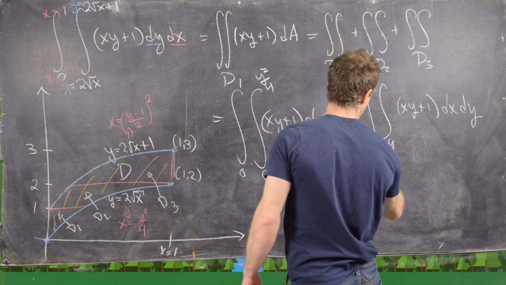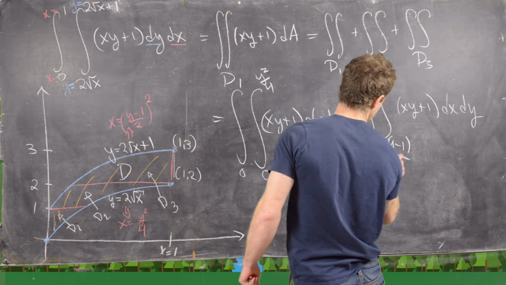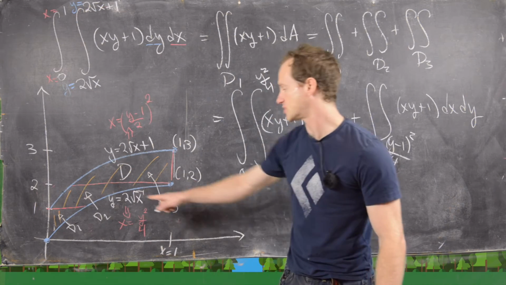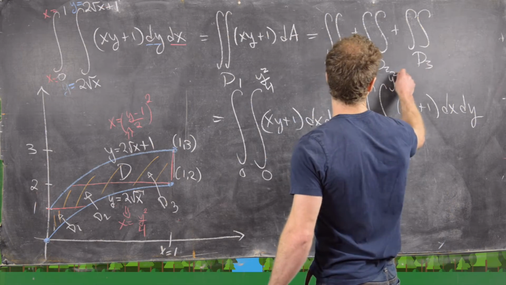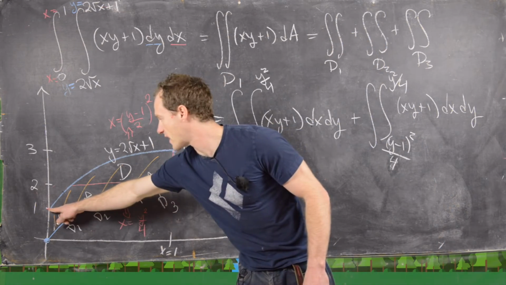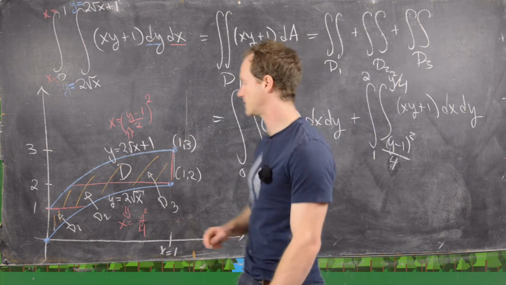I'll write that down here: y minus 1 over 2, actually let's just put it over 4 and then put the squared right there. And then our largest one will be this guy right here, which is y squared over 4. And then notice our y values are going from 1 to 2.